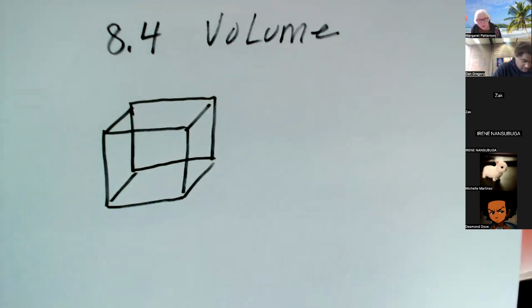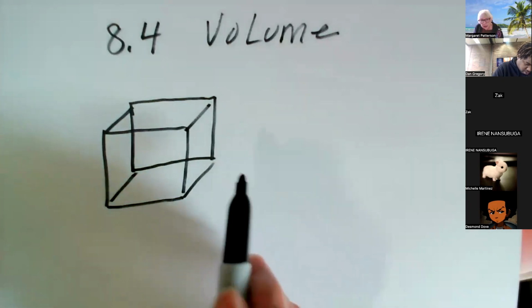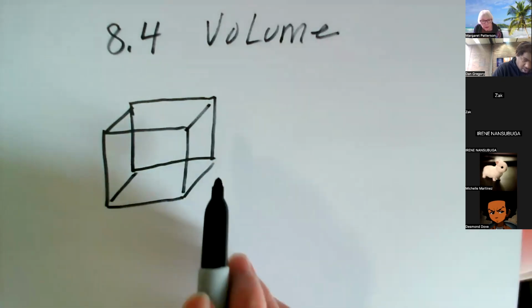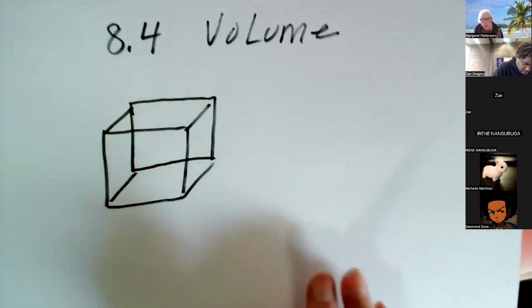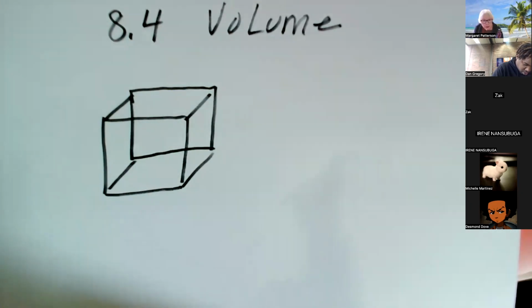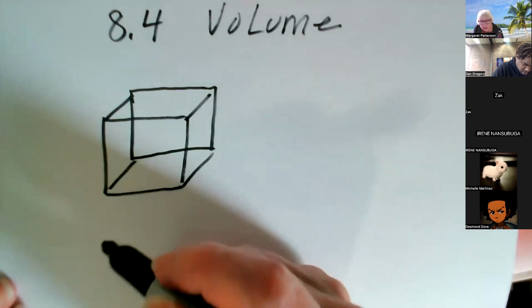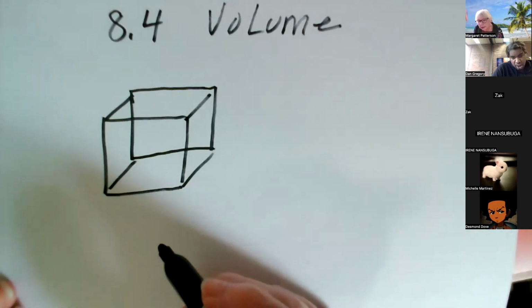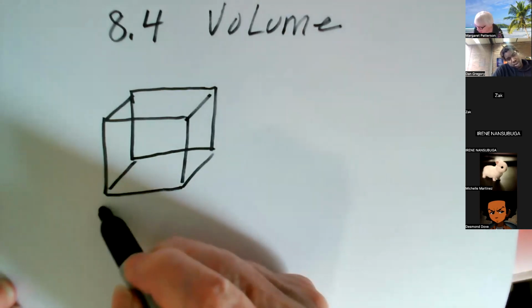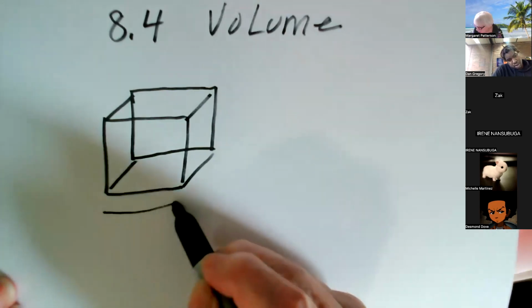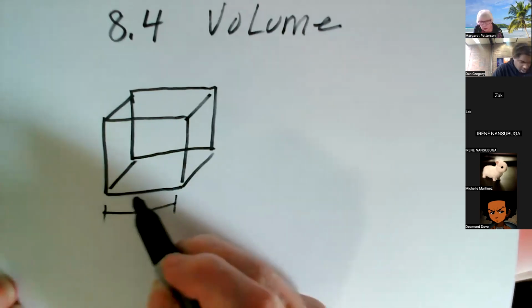So the question is, what's the volume? This is actually asking what's inside. So it could be like liquid that's inside or whatever. But what we need to figure out is what's the volume. And it's a simple thing to figure out. So let's say this was a square originally.